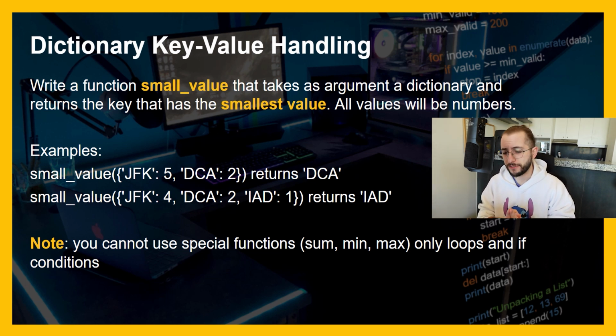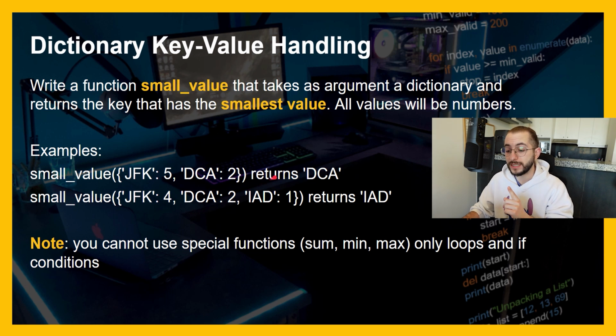You'll need to write a function, small_value, that takes as argument a dictionary and returns the key that has the smallest value. All the values will be numbers, of course, because other than that, it would be a bit difficult. So for example, right here, we have small_value, which is the function being called, and you always have to be careful of the words inside of my exercises.